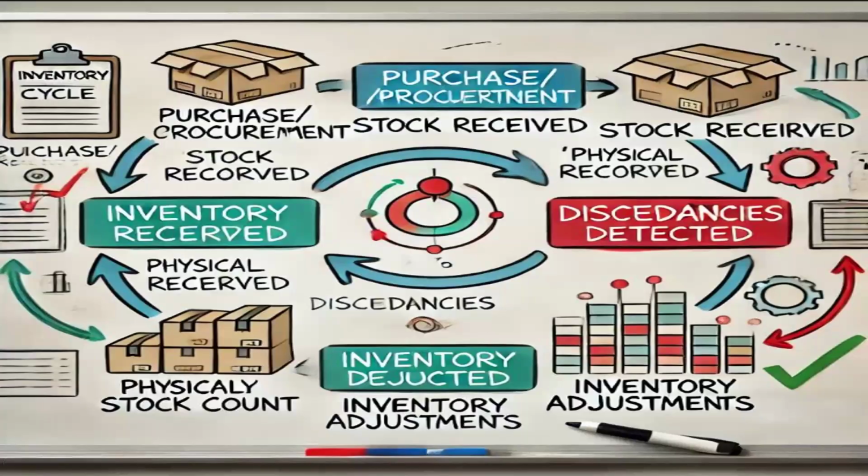If you look here on my screen, you'll find that there is a flow, which I believe you can see. The inventory cycle from your purchase, your procurement, stock received, stock recorded, physical stock count, inventory adjustments, discrepancy detected, and all of that.